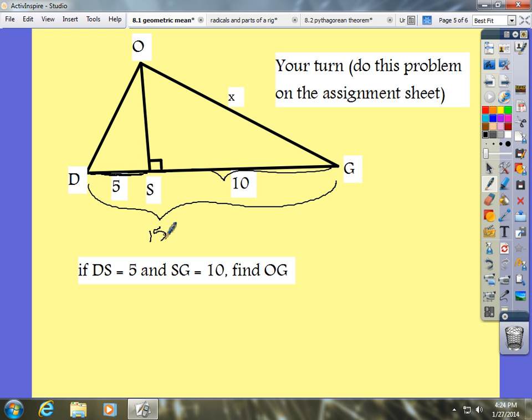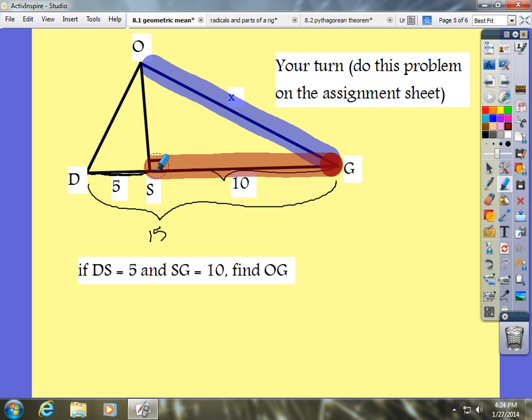If I'm looking for this leg, I want this part here, and I want the whole hypotenuse. Set it up. You're going to have something over x equals x over something. All right, put it together, and that is your assignment.